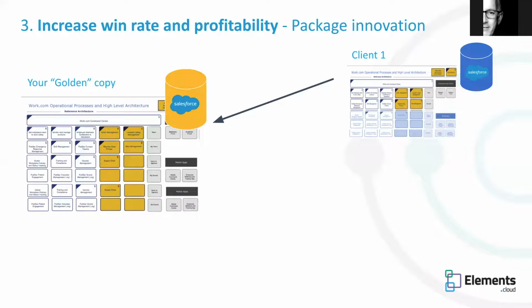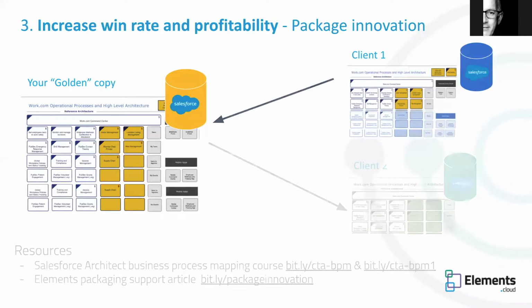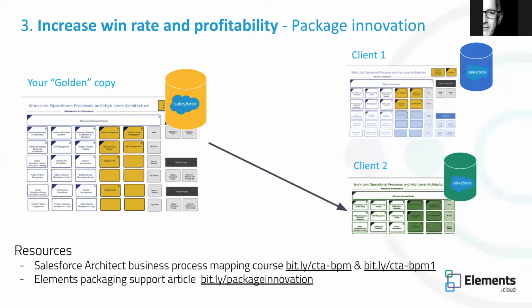So you're building out that innovation, and you're doing this using our packaging capabilities. So it's not copy and paste, it's a feature which is click a button, it will then pull all that metadata, all that training content, all the documentation, which you then obviously can use at the next client. So you can start to leverage that expertise for client after client whilst you're building up that internal expertise.